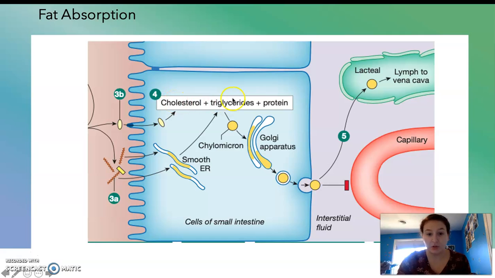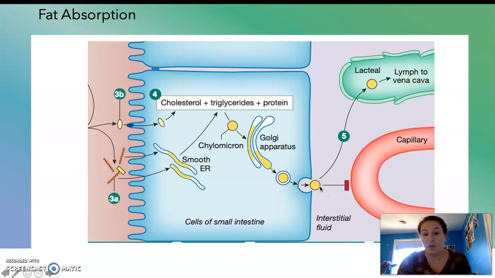We have cholesterol, triglycerides, and protein, and it forms what's called a chylomicron. It's just a little package of fats that is ready to be redistributed to the body to be used. That will then pass through the Golgi apparatus, which is the FedEx of the cell. It gets packaged up and then does exocytosis to exit the cell.